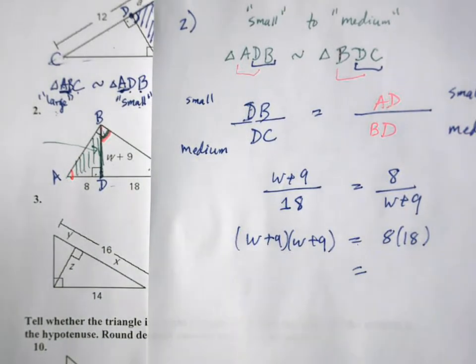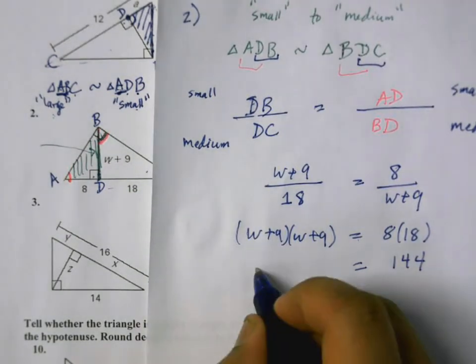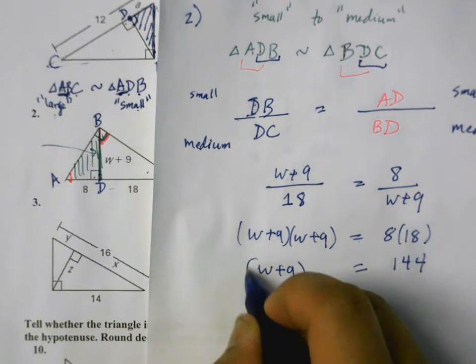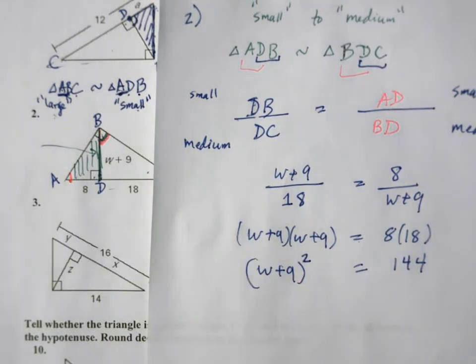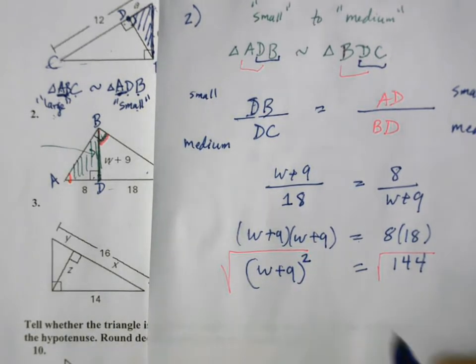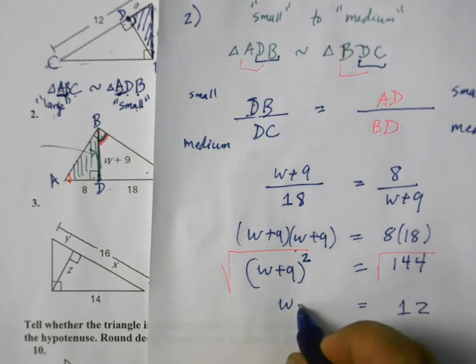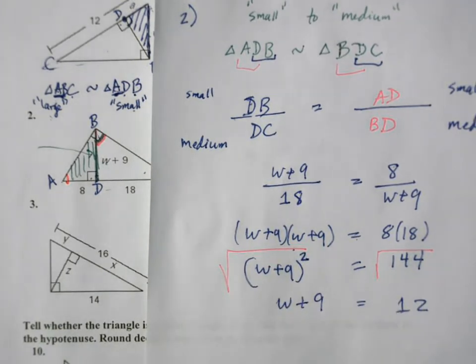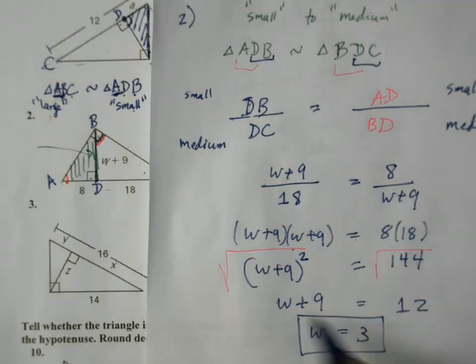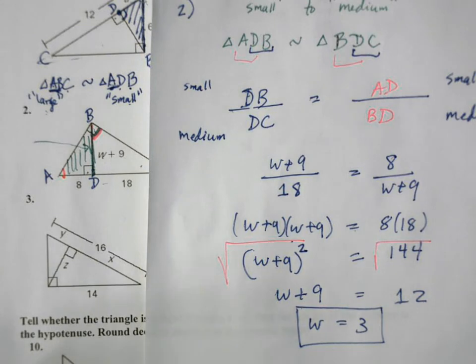So 8 times 18 gives me 144. And over here, W plus 9 times W plus 9 is just W plus 9 squared. Take the square root of both sides. This gives me 12. The square root and the square actually cancel, so it gives me W plus 9. Subtract 9 from both sides, and W is equal to 3. Okay. And there you have it. That's a solution to that question.